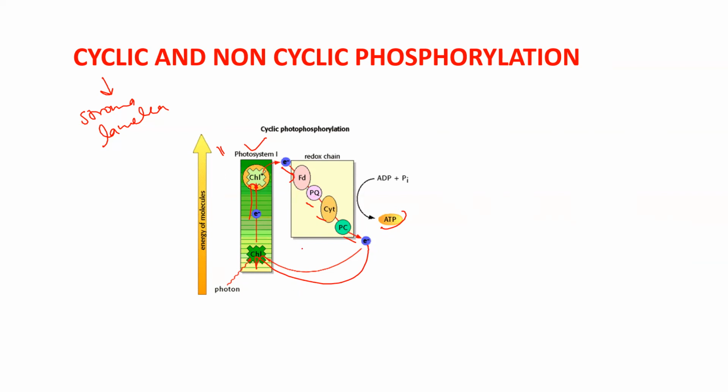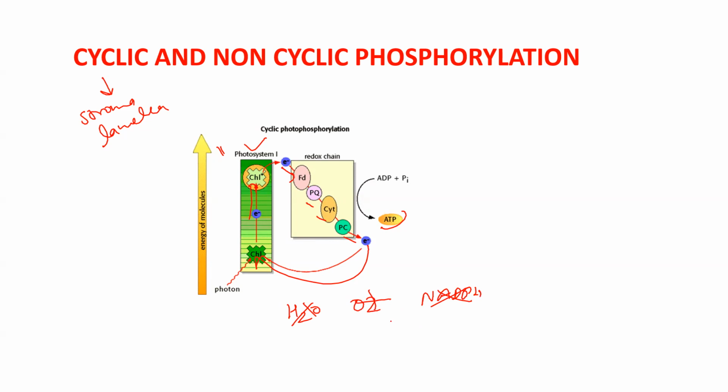So it is called cyclic photophosphorylation. Here ATP is formed for supplying the extra demand of ATP inside the cell. Also in this process, water doesn't break down, oxygen is not released, and NADPH is not produced. So this is about cyclic and non-cyclic phosphorylation.